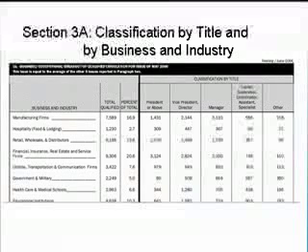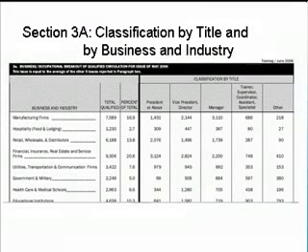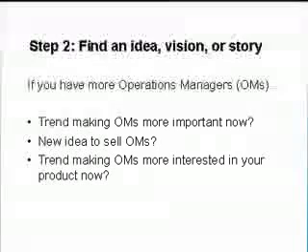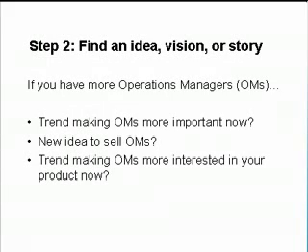Then, once you've got your title or business and industry category in which you have a circulation advantage, you need to find an idea, a vision, or a story. For example, if you have more operations managers, is there a trend that makes operations managers more important right now? Is there a new idea being circulated in your industry to sell operations managers?